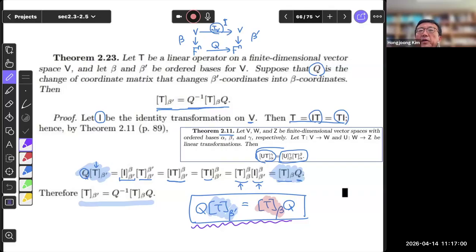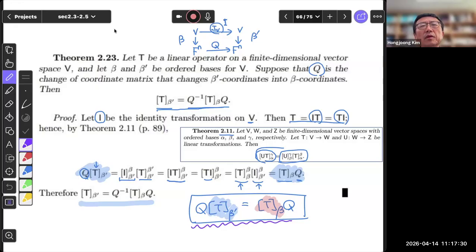I will assume that you understand this 2.23, and using this theorem, you can prove a certain simple situation or some application. If it takes say 4 to 5 lines, then that may be a possible question.